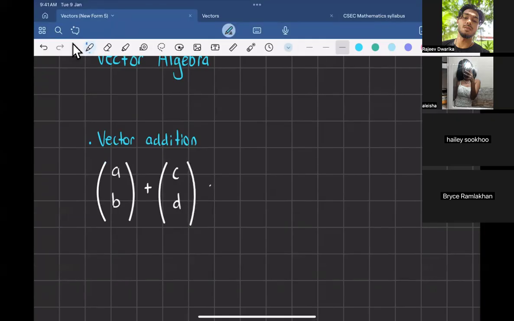My answer will be A plus C. And remind me, Healy, A and C would correspond to what movement? The vertical movement or the horizontal movement? Horizontal. Right. So if you want to combine two vectors, you're gonna add the horizontal movements and the vertical movements. That's it.